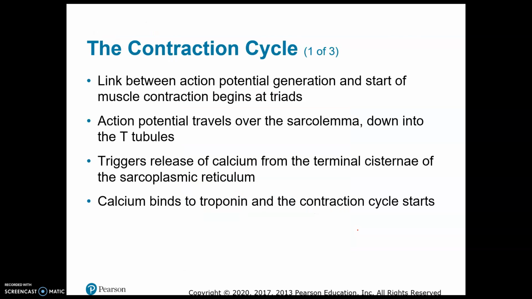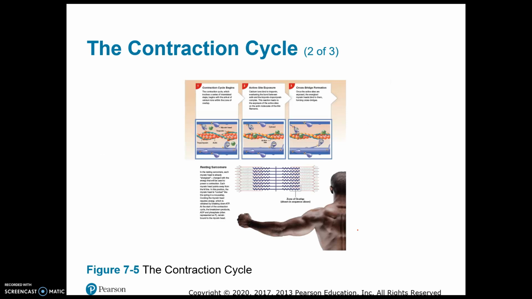And now we'll talk about the contraction cycle. What has just happened is sodium has entered into the muscle fiber, and that is going to trigger an action potential that travels along the muscle fiber down into the T-tubules.